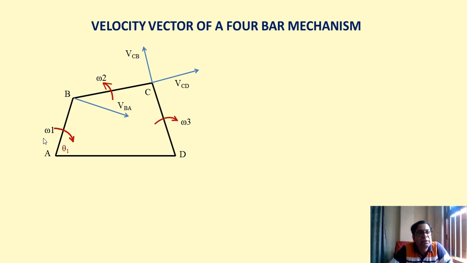That means when the crank has a tendency of rotation in the clockwise direction, the connecting rod will have a tendency of rotation in the anti-clockwise direction.